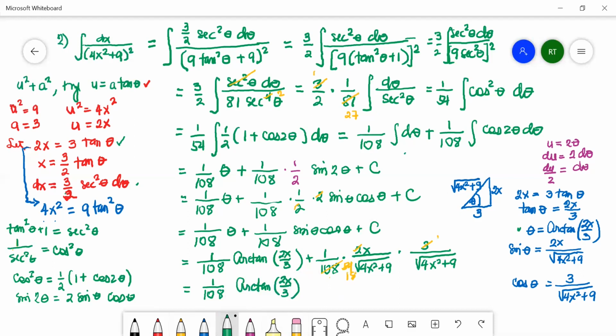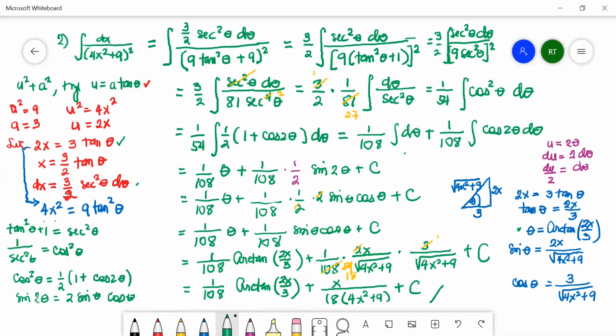So the second term is, in the numerator we have x, over the denominator 18 times the square root of 4x squared plus 9 times the square root of 4x squared plus 9, which is equal to 4x squared plus 9, plus the constant of integration.